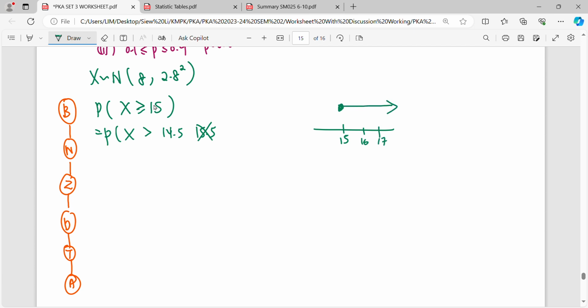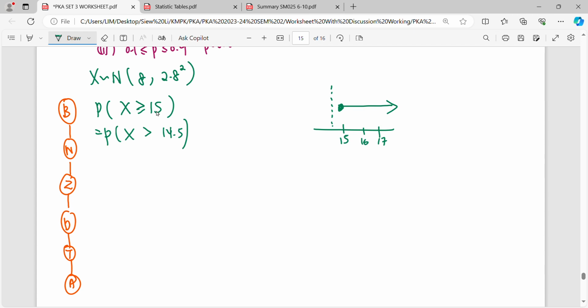So your boundary is supposed to start before 15, which is 14.5. If you take 15.5, you already exclude one value. So we start the boundary on 14.5, the value before 15, because the value of 15 we want and need in the answer.